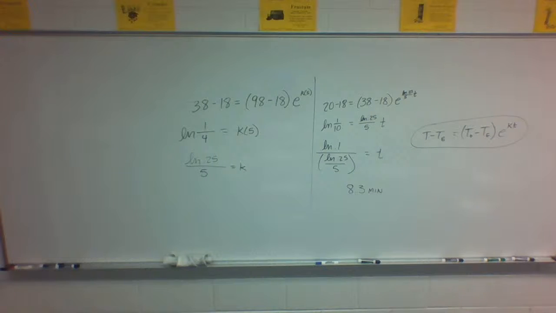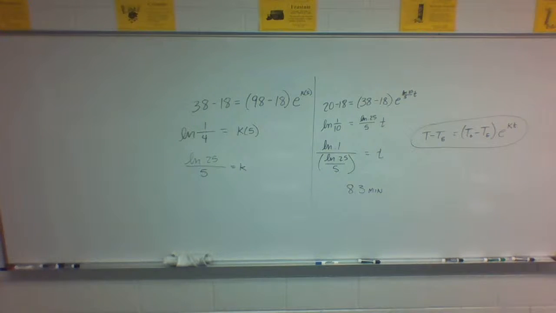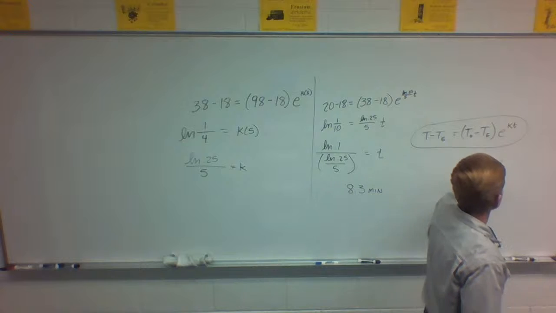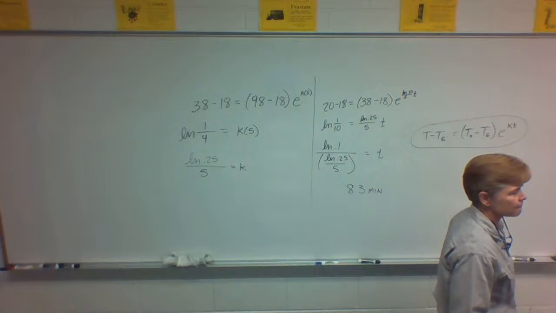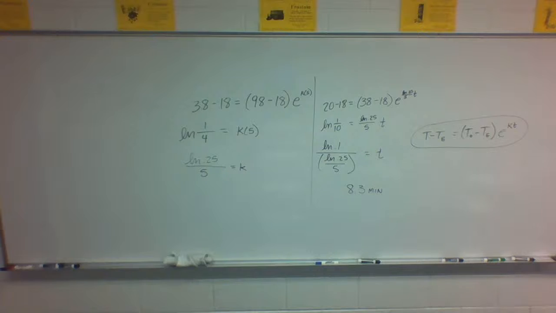Only if we have an initial one to put in for this, which we don't. Isn't that what we're finding? Wait, but we don't need that, because we have everything else. You don't have K. Yeah, you would. You could treat the temperature at 10 like the initial value to get a K value.